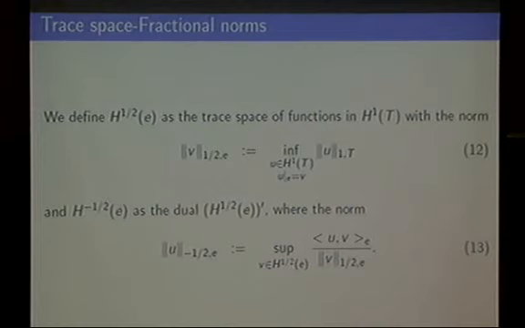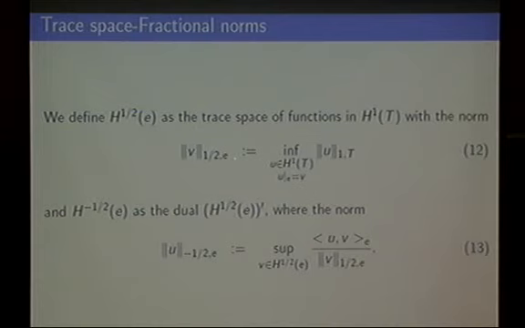For this one we need some heavy machinery involving fractional Sobolev spaces along the edge. T means a triangle, it's two-dimensional. E means one of the edges, it's one-dimensional.